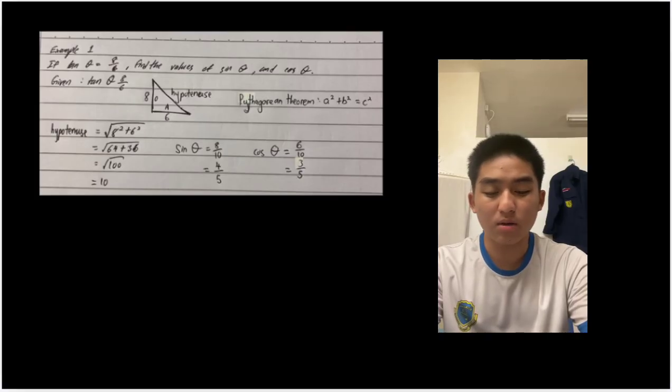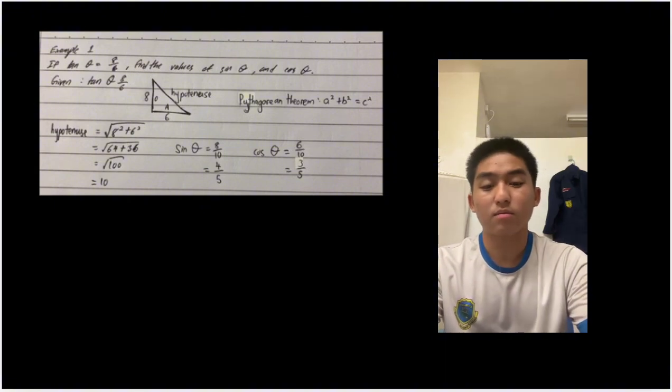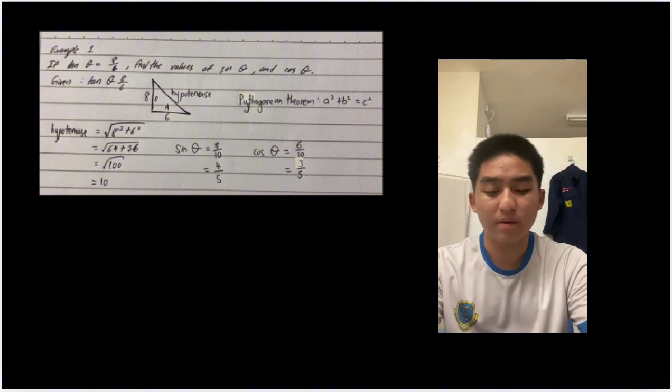To find the sine and cosine, we need to find the length of the third side, which is the hypotenuse, using the Pythagorean theorem, which is a squared plus b squared equals c squared.